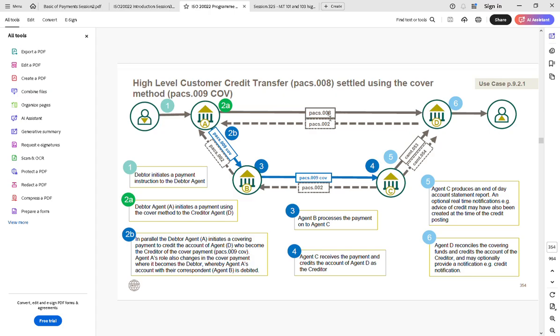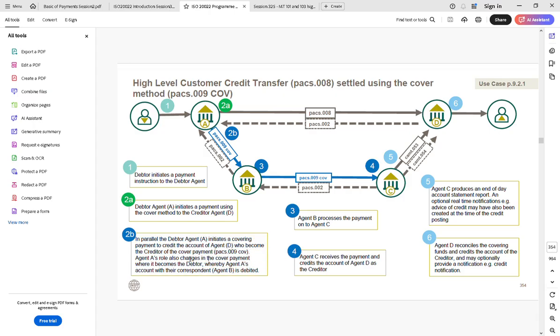At the same time, in parallel, debtor agent A initiates a covering payment to creditor agent D, which is routed from bank B, bank C to D.